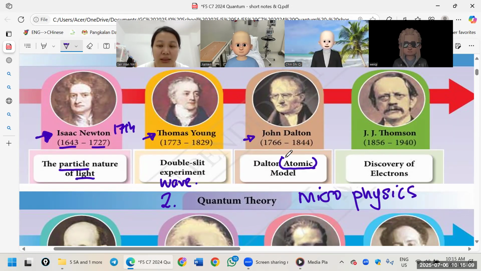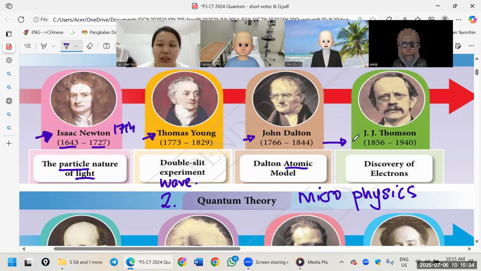He said the atom is the smallest particle because at that time there was no machine, so he must be the first person to discover the first knowledge.